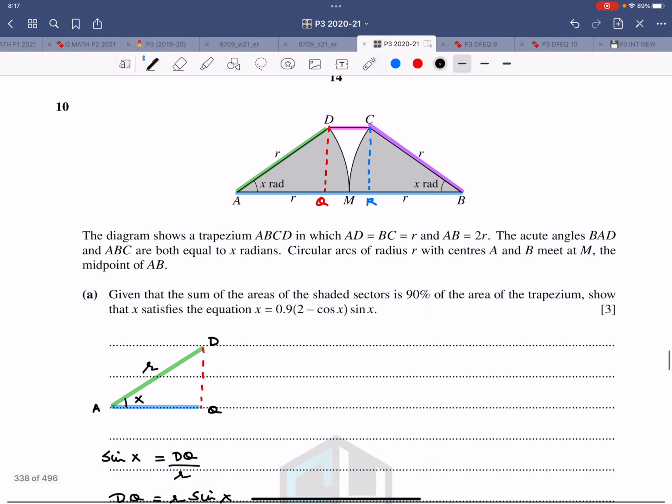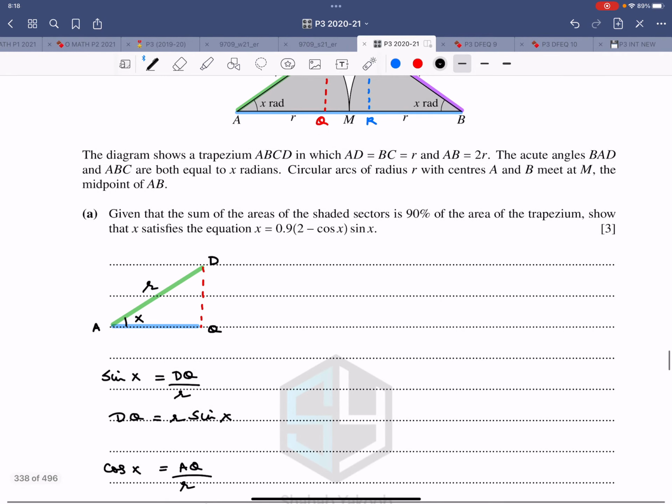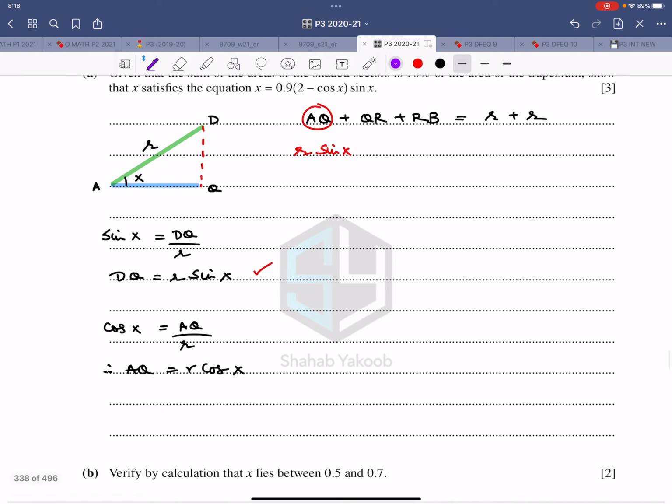Now AQ plus QR plus RB. Let me add one more thing. AQ plus QR plus RB. That is basically R plus R. But what is AQ? AQ is R sin X. And DQ is R sin X. Wait a minute.